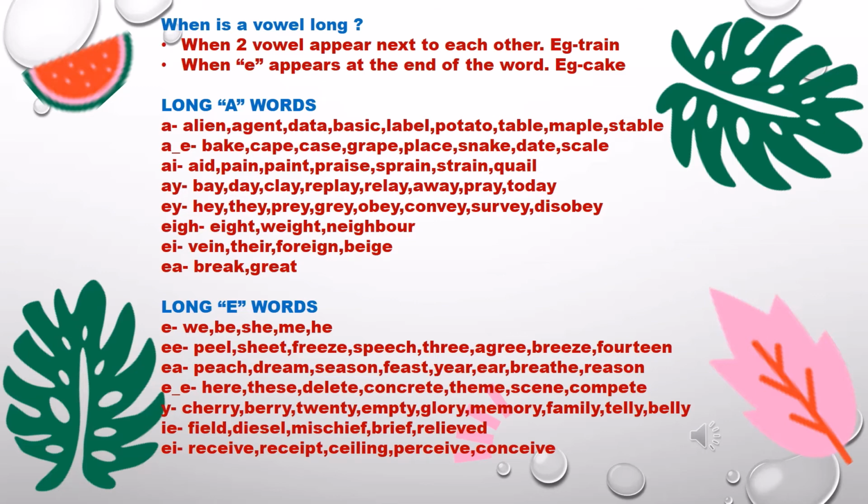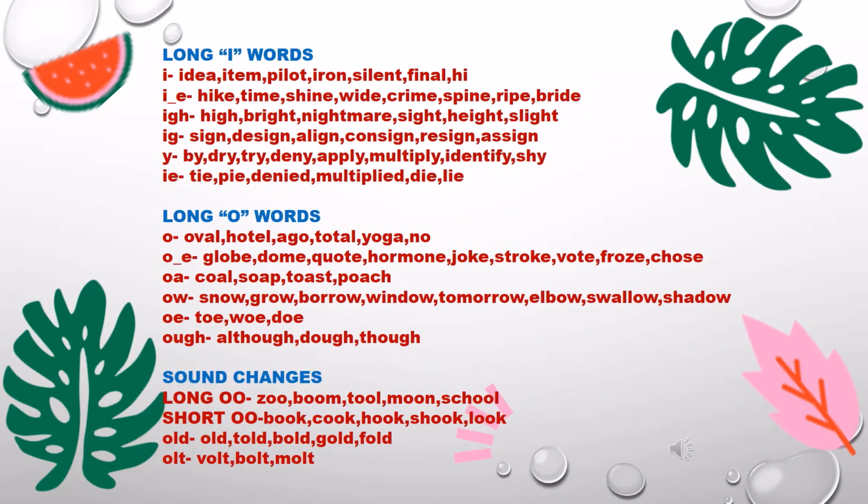Long A words are like alien, data, basic. And long E word examples are we, be, she, me and many more. Long I word examples are idea, item, pilot, silent and many more. Long O word examples are oval, hotel, ago, total, yoga, no and many more.